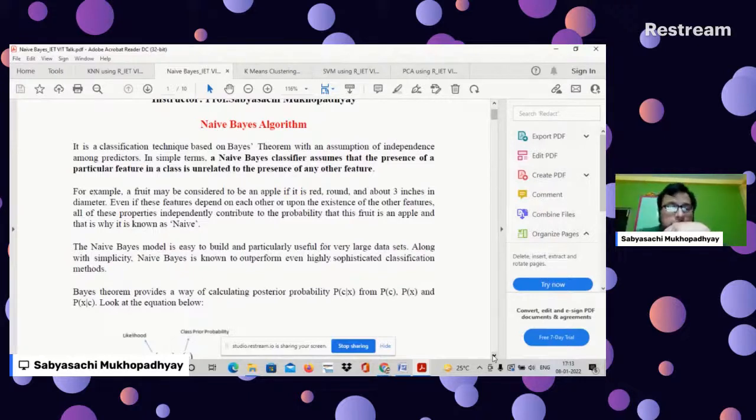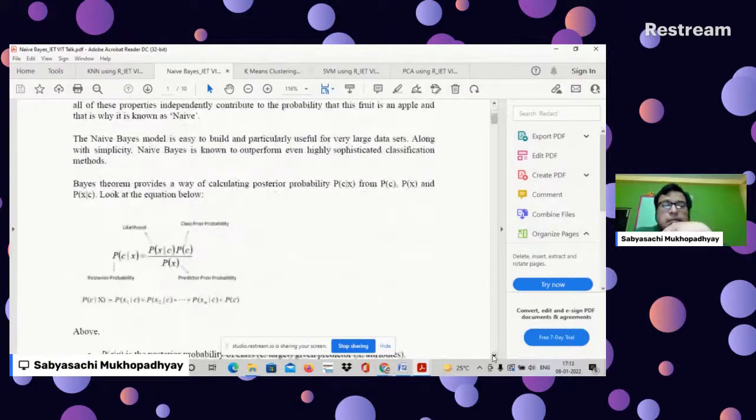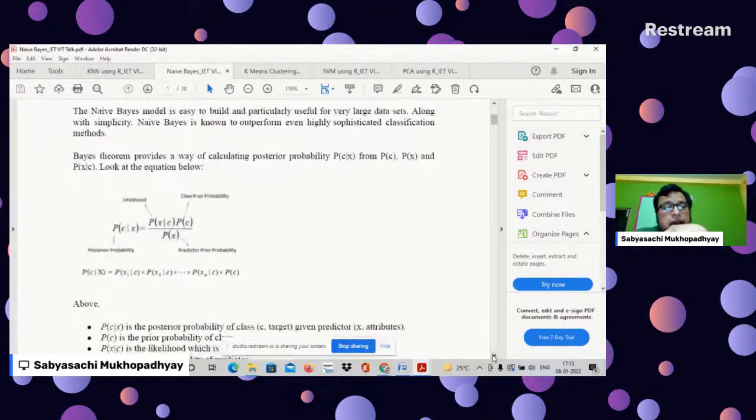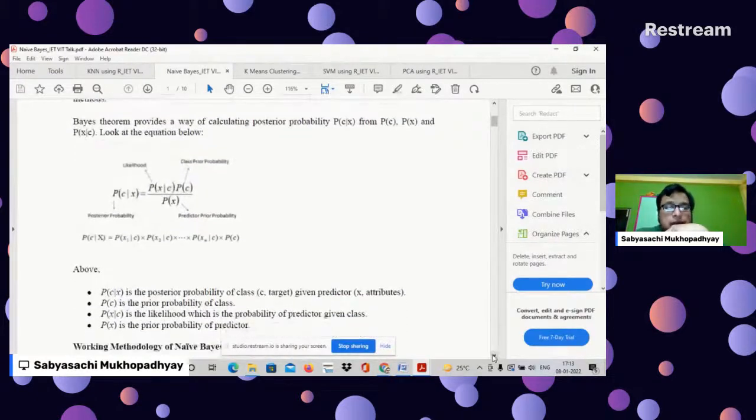So, you all know the Bayes theorem: the posterior probability of the class given x. If you want to predict the class for a given x, this is the posterior probability. That will be equal to the likelihood, the probability of x, the predictor, for a given class, times the class prior probability of c, whole divided by the probability of x, which is the predictor prior probability.